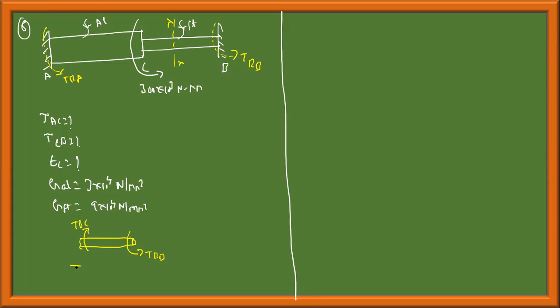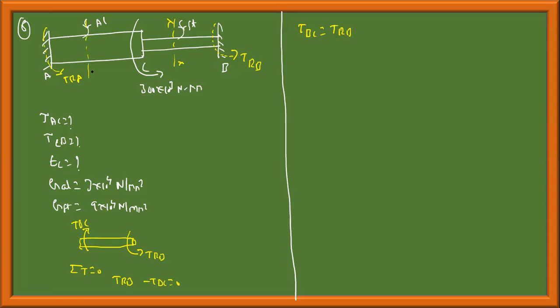For equilibrium, summation of torque should be equal to 0. This is acting in the counterclockwise direction, plus TRB minus TBC is equal to 0. Or TBC, torque in section BC, is equal to reaction torque TRB.